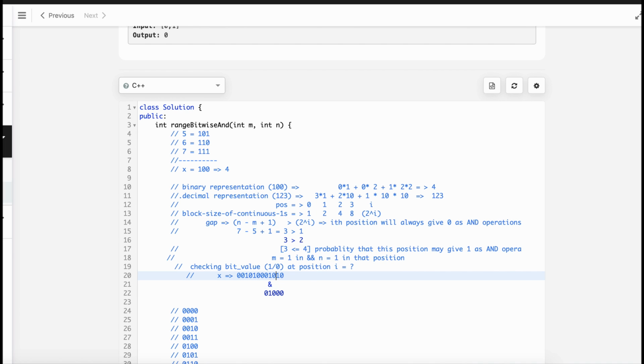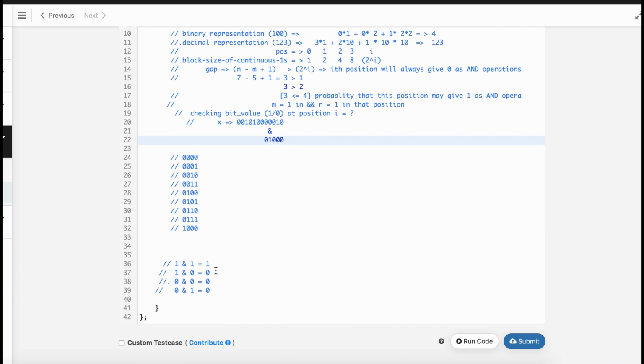If it doesn't have 1, then when we perform the AND operation, this position gives us 0, and all other positions give us 0 because they already have 0. If we do AND with any 0, it gives us 0, whether the 0 is on the left side or right side doesn't matter.